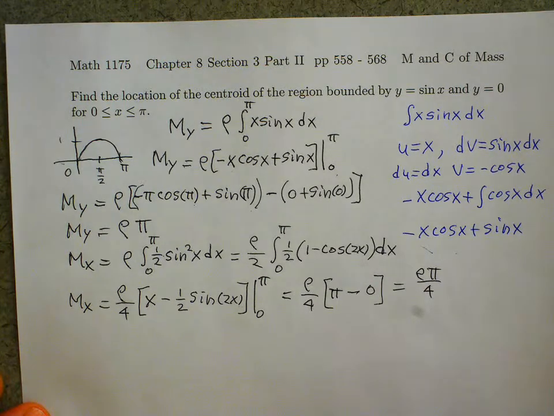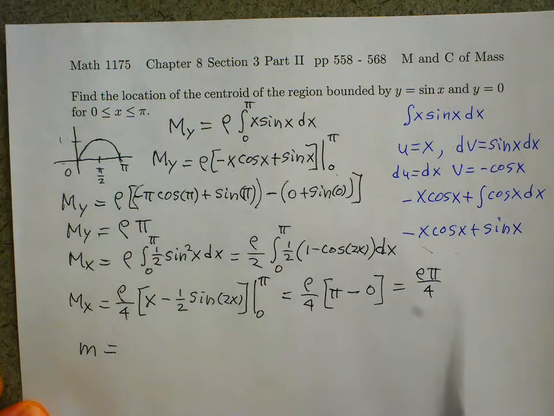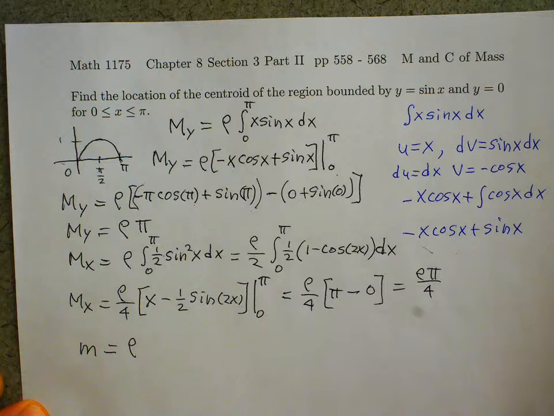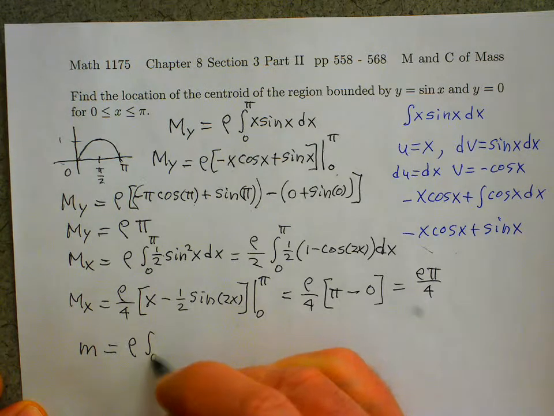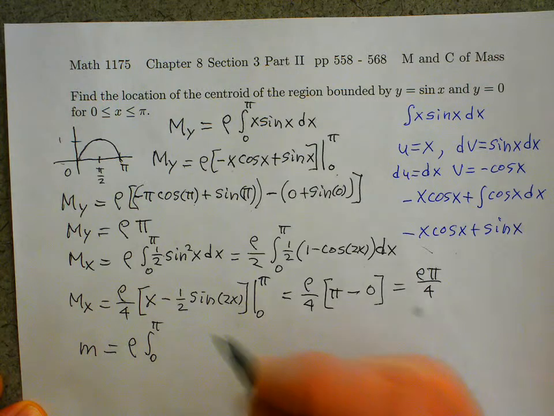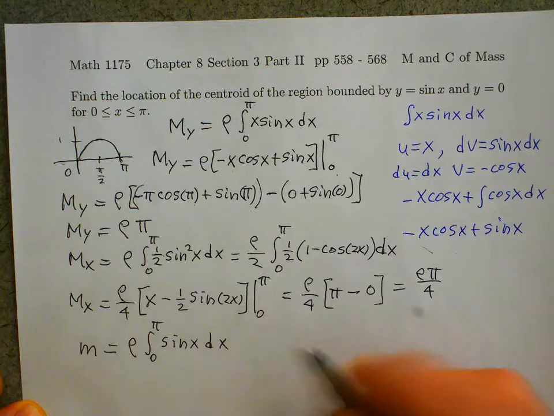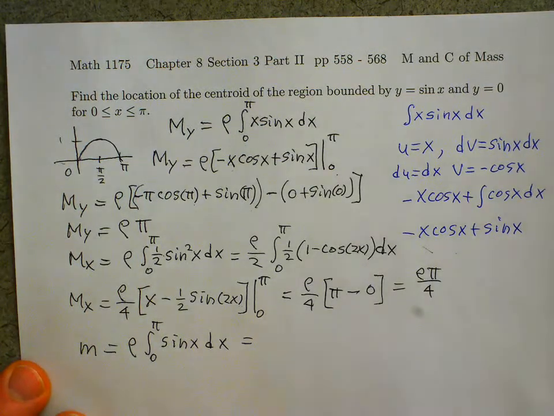Okay, so now we find the mass of that region, which is just rho times the area. And the area is the definite integral from 0 to pi of sine of x. Okay, an antiderivative of sine of x is negative cosine of x.